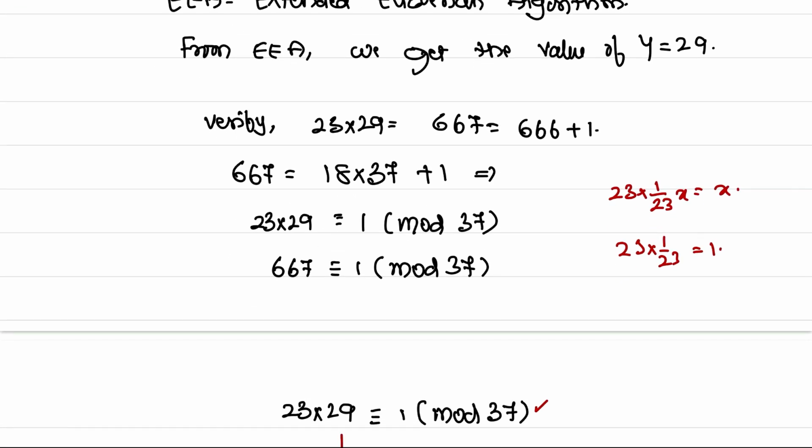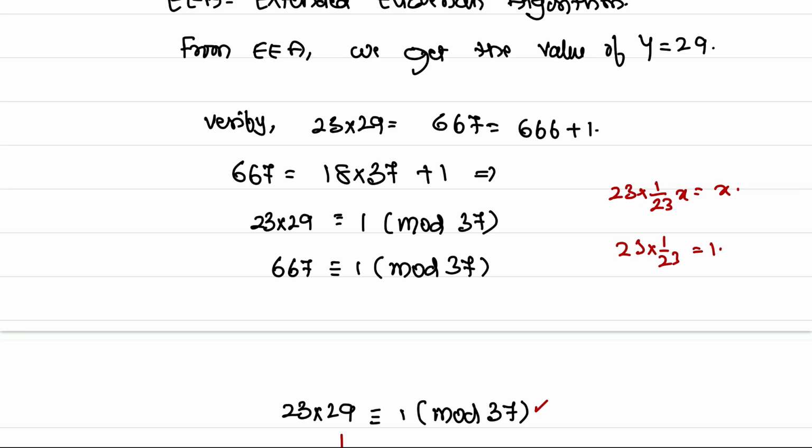And we have found a number such that when divided by 37 it gives 1 as the remainder, and also divided by 29 gives 1 as the remainder.